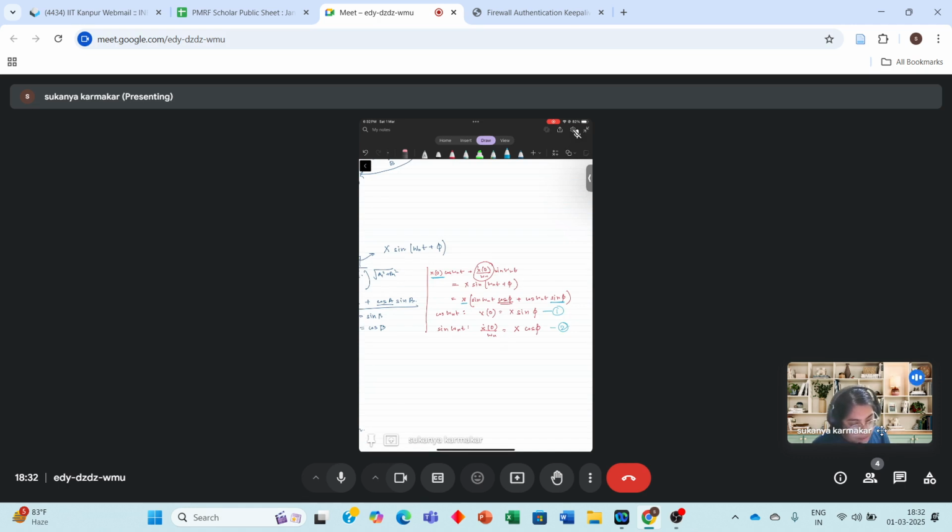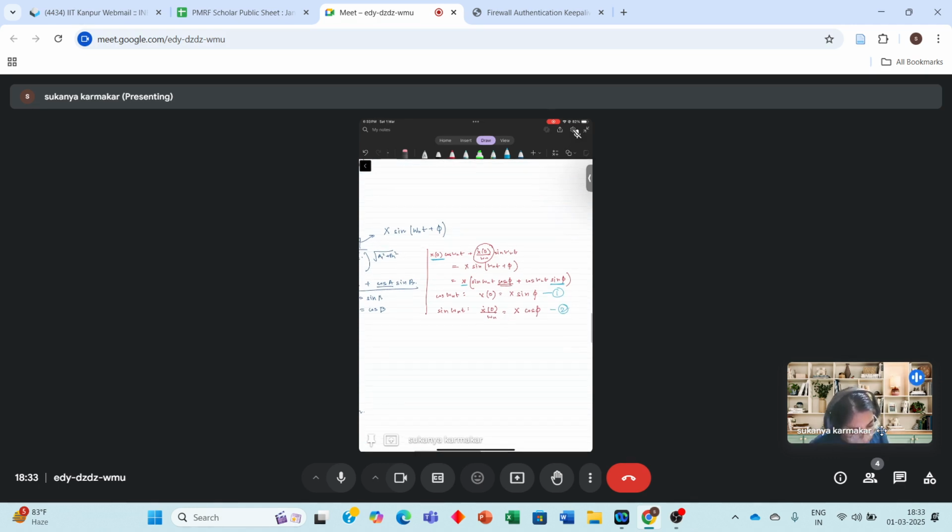So how will you calculate the amplitude X? I can square these two equations individually and add them. That is, x0 square plus (x dot 0 by omega n) square is equal to X square sin square phi plus X square cos square phi.